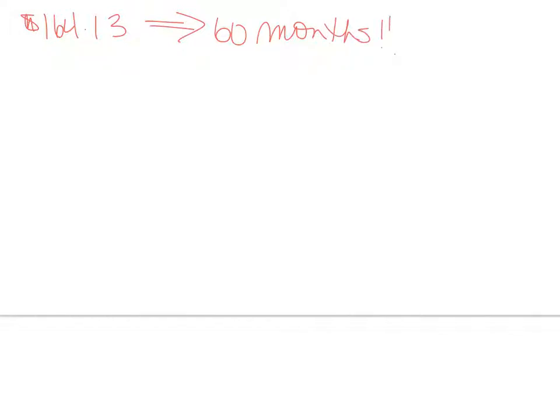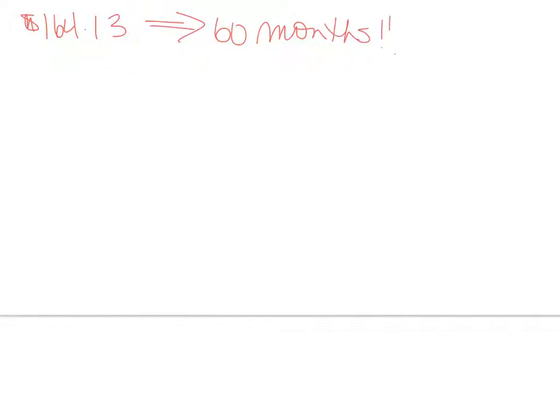Last slide. Cool. So this $164.13 means that that's what Jack is going to have to pay every month to repay his loan for 60 months. Okay, it's a lot of money.